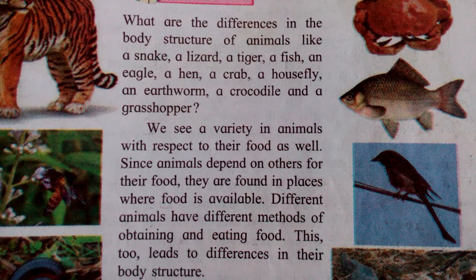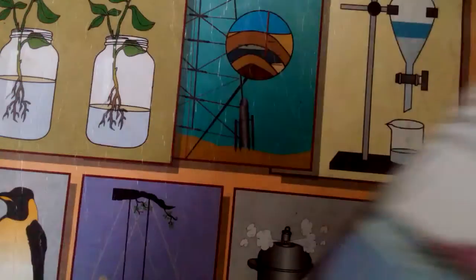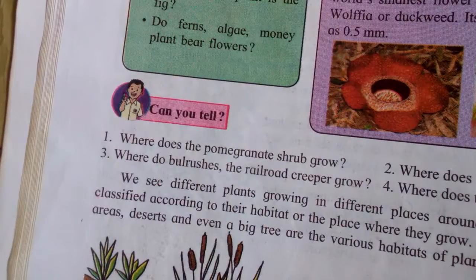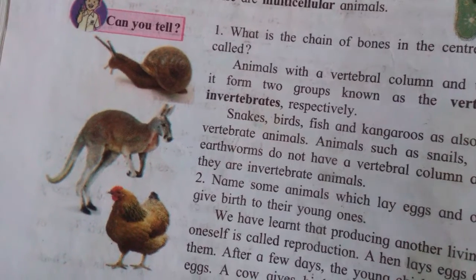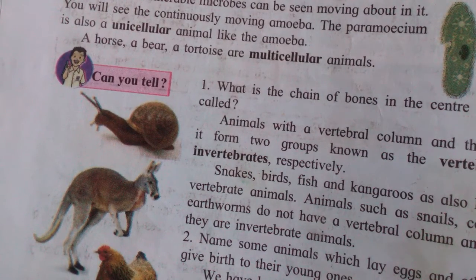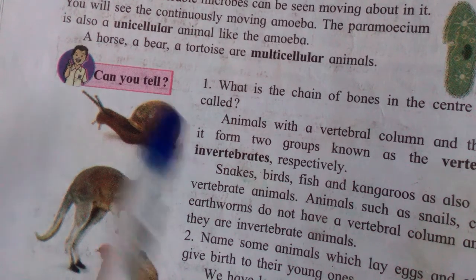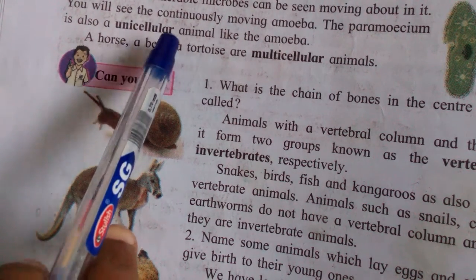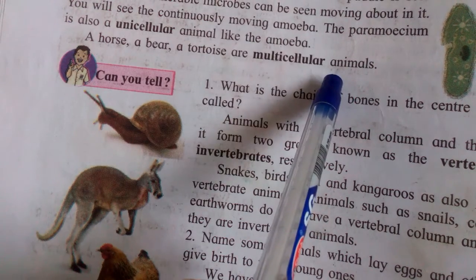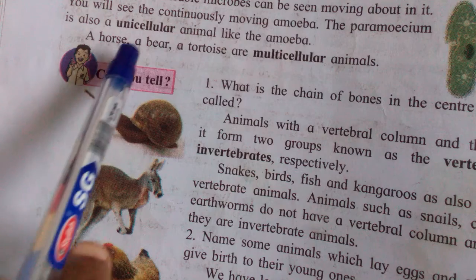According to some characteristics, animals are also classified into some groups. The first one is by their cell structure: animals are classified into unicellular animals and multicellular animals.